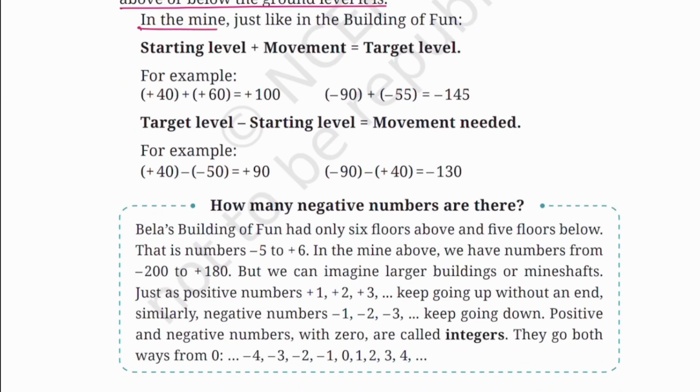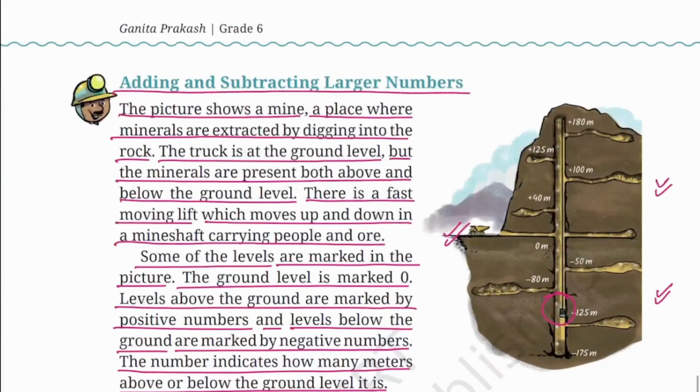In the mine, just like in the building, starting level plus movement is equal to target level. For example, plus 40 plus 60 is equal to plus 100.